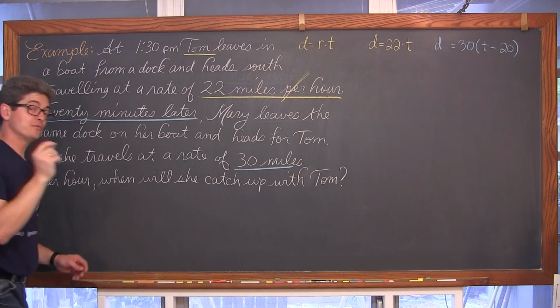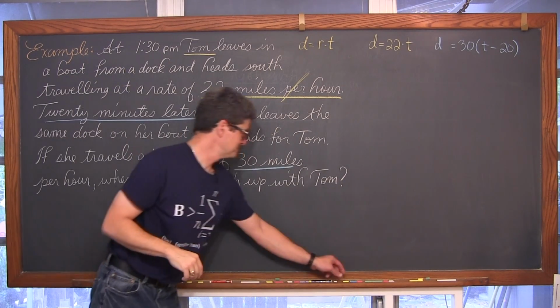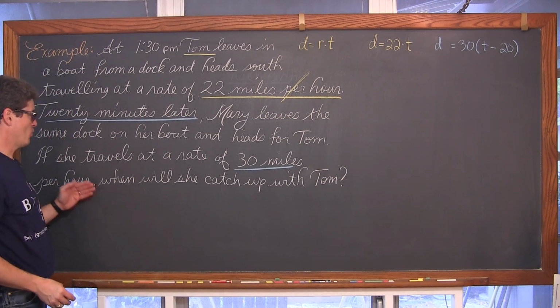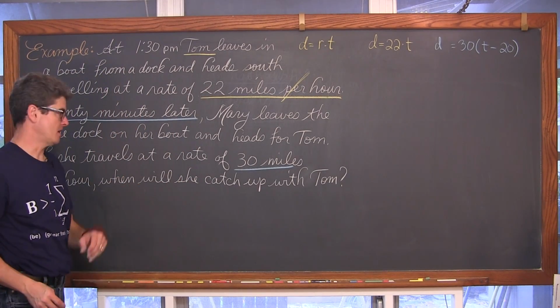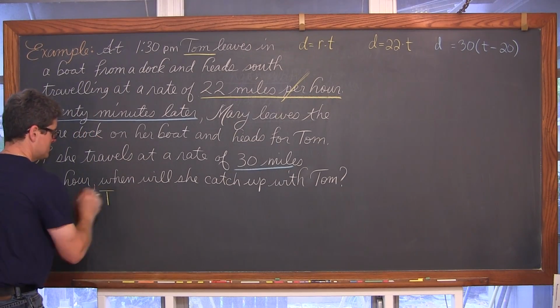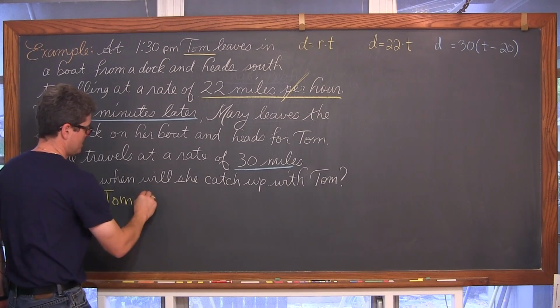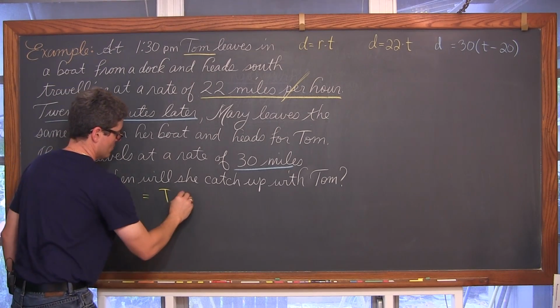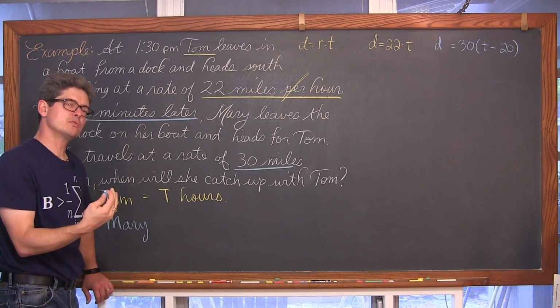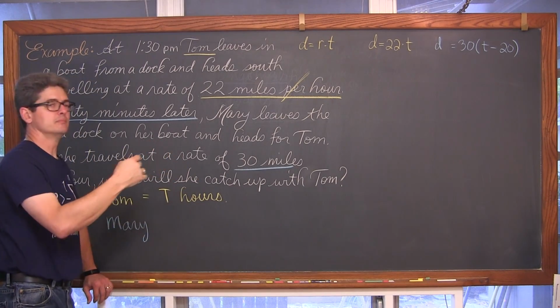So, to follow my own advice, the question is when will she catch up with Tom? So for Tom, let's do t, that's going to be t hours. And for Mary, I'm kind of doing the substitution as I go through this problem.